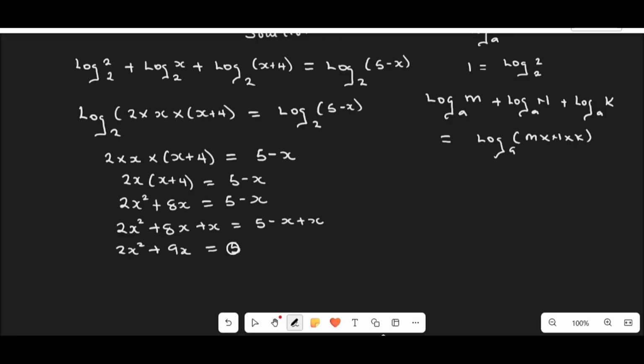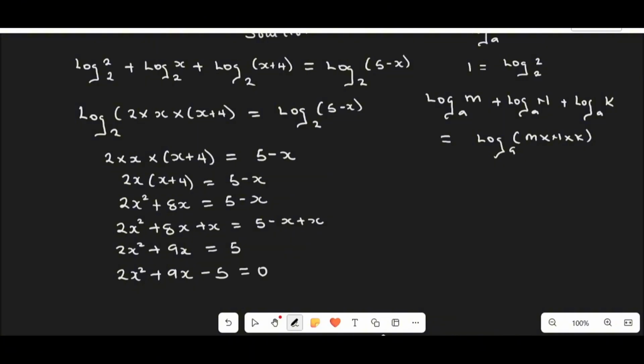So let us transpose 5 to the left hand side and the sign will change to negative. So 2x squared plus 9x minus 5 equals 0.